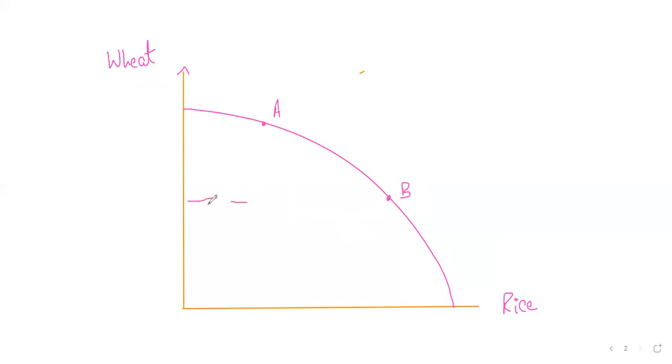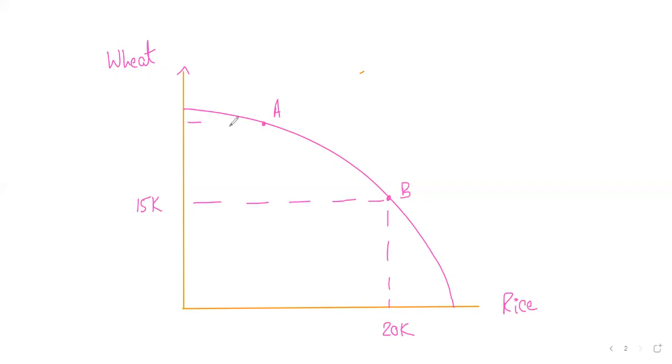Now, what if I say that you have wheat and rice, right? You are moving from B to A. At point B, let me give you the values, you were making 20,000 units of rice and 15,000 units of wheat.